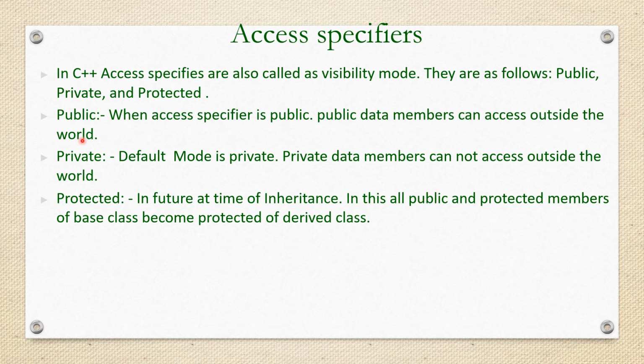But when you have private access specifier, it cannot be accessed outside the world, and for that you should pass the values through your public access specifier, so that you can access the value and at the same time maintain data hiding. Then the protected access specifier: in future, at the time of inheritance, you will learn more about it.